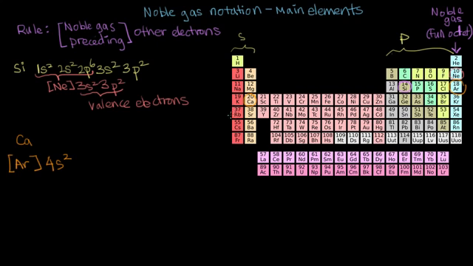Does calcium have a full octet? We know that these are the valence electrons. And we also know that if it did have a full octet, it would actually already have a noble gas configuration. So it would either have krypton or argon, and in this case, it turns out that calcium prefers to lose 2 electrons as opposed to gaining a bunch.